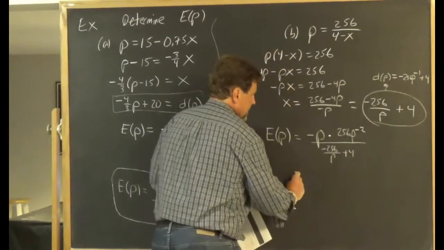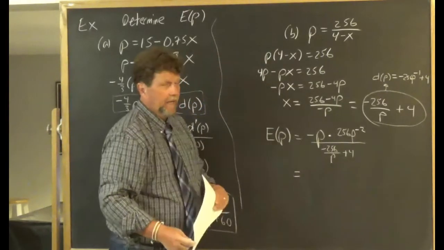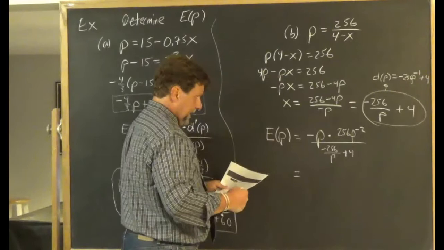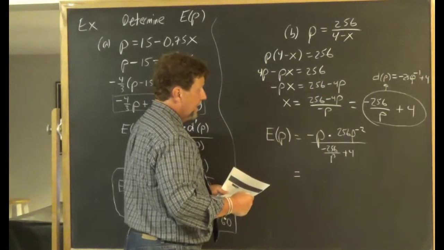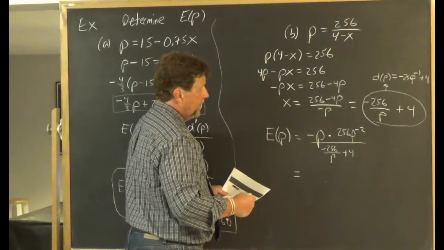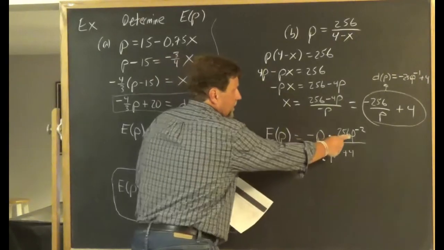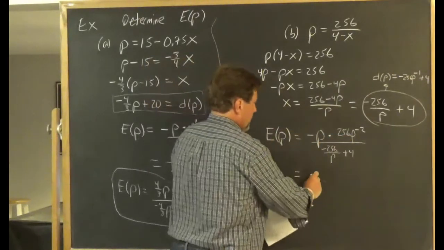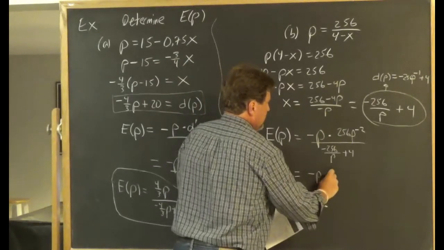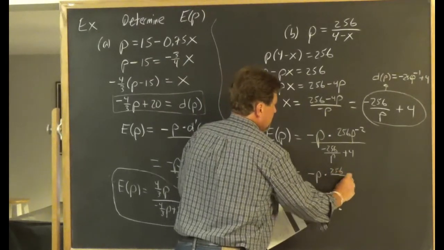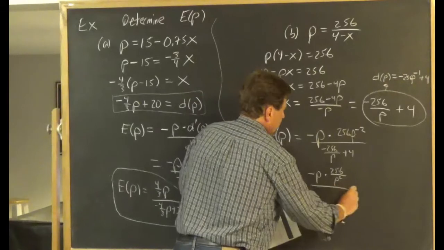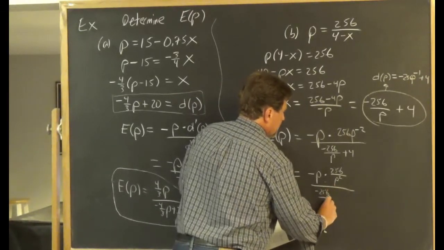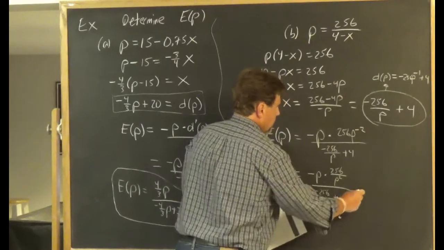Now if I clean this up just a little, I rewrite that as 256 over P squared. So I have a negative P times 256 over P squared, and this is all over negative 256 over P plus 4.